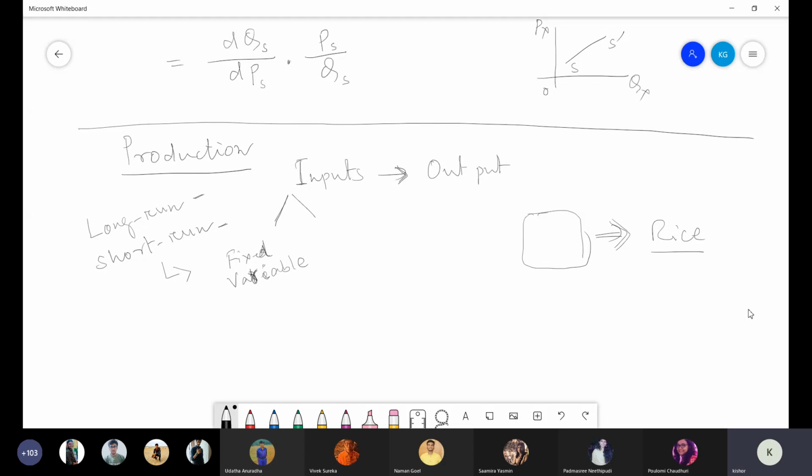In short run, certain inputs are fixed, certain inputs are variable. But in long run, all of your inputs are variable in nature.